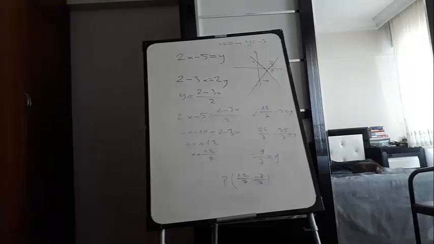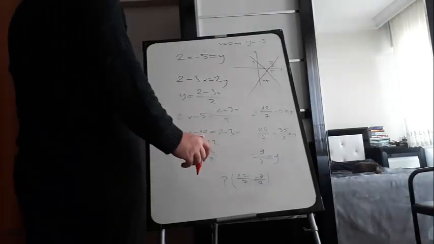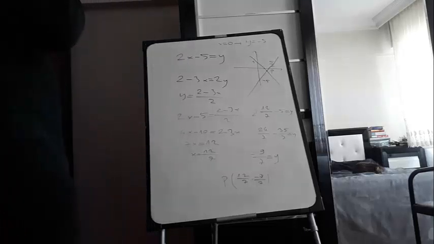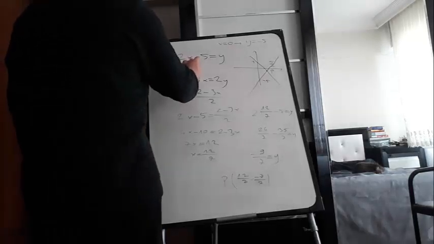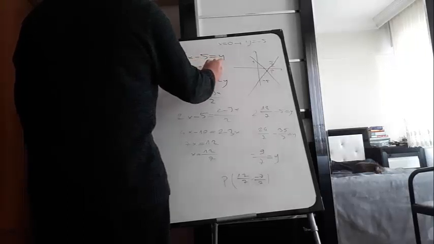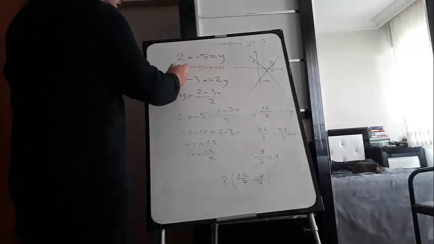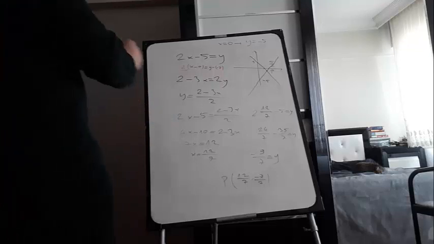And let's estimate the slopes of these 2 lines. What are the slopes of these 2 lines? As you can see here, 2 is the slope.